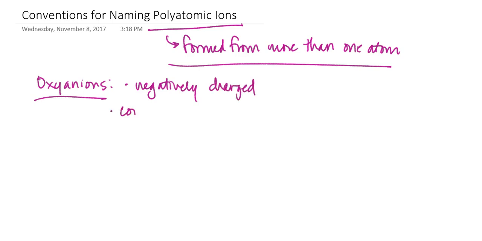And they contain oxygen. Now, there are those polyatomic ions that are not oxyanions, and we'll discuss those briefly in this tutorial and obviously discuss them in greater detail in class.